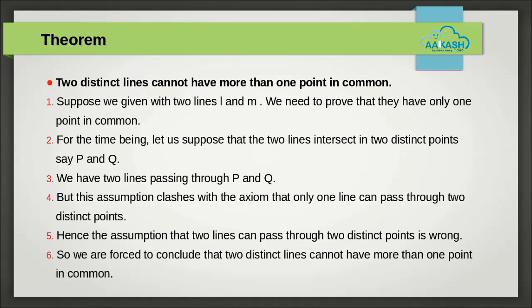For the time being, let us suppose that the two lines intersect in two distinct points, say P and Q. We have two lines passing through P and Q. But this assumption clashes with the axiom that only one line can pass through two distinct points. Hence, the assumption that two lines can pass through two distinct points is wrong. So, we are forced to conclude that two distinct lines cannot have more than one point in common.